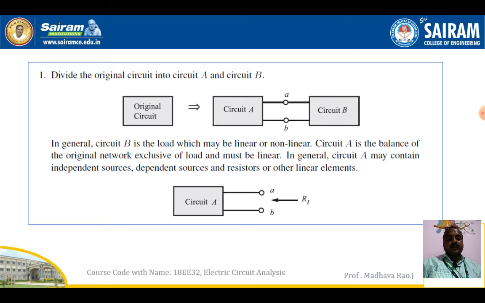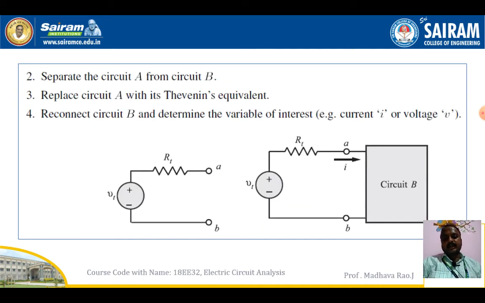In general, circuit A may contain independent sources, dependent sources, resistors or other linear elements. This is the circuit we have to divide into two, A and B. Circuit B we have to remove, and using circuit A we have to find the VT and RT values.